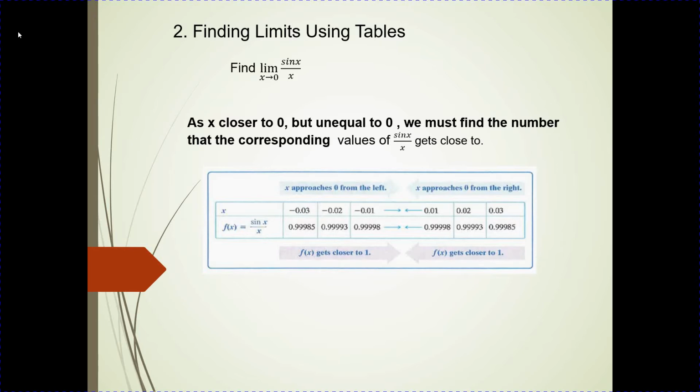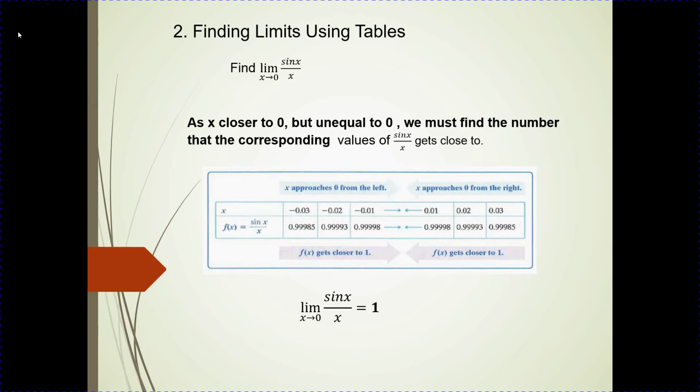This means that f of x gets closer to 1. Therefore, you can say that the limit of sine x over x when x approaches 0 is equal to 1. By the way, this is a very important limit, which is exactly equal to 1.